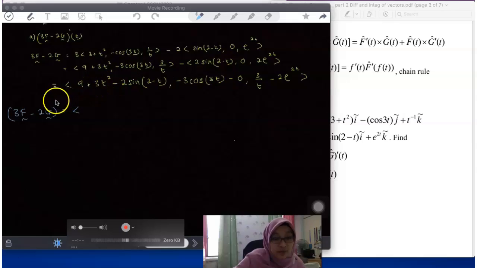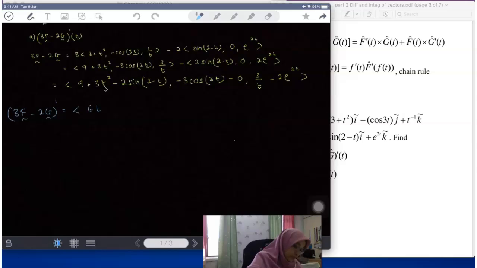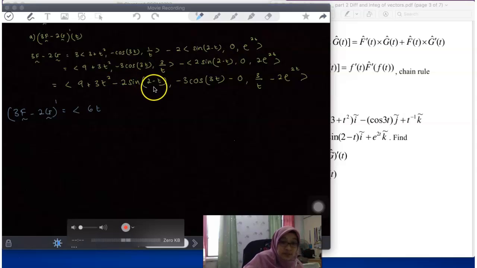Now we want to differentiate this expression with respect to t. The first one is component x. When you differentiate 3t squared, you get 6t. For the sine, there is a function in a function.